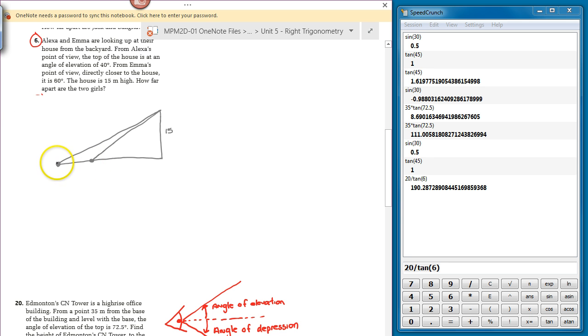Well, the further away from the house, you can see the smaller the angle of elevation is going to be. So therefore we know that this is going to be the 60 degree spot, and this is Emma's, we'll call that E, and we know that this then is the 40 degree spot, and we'll call this A. And let's make that a right angle at the house.